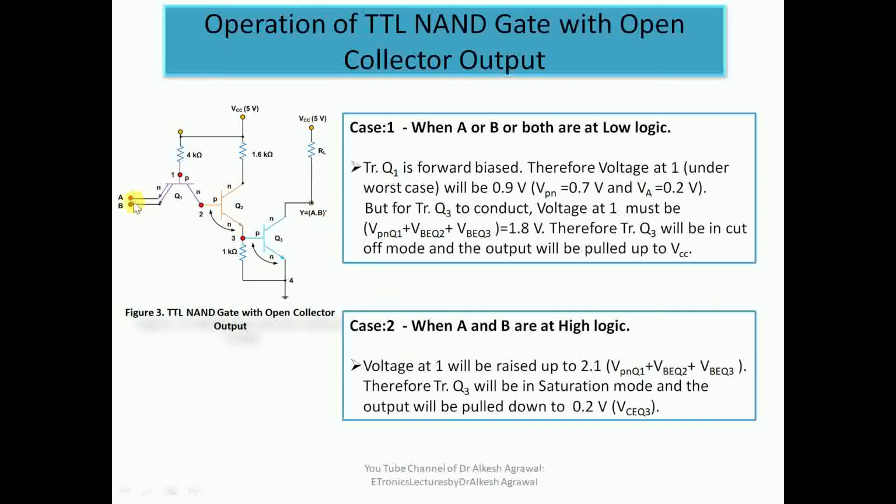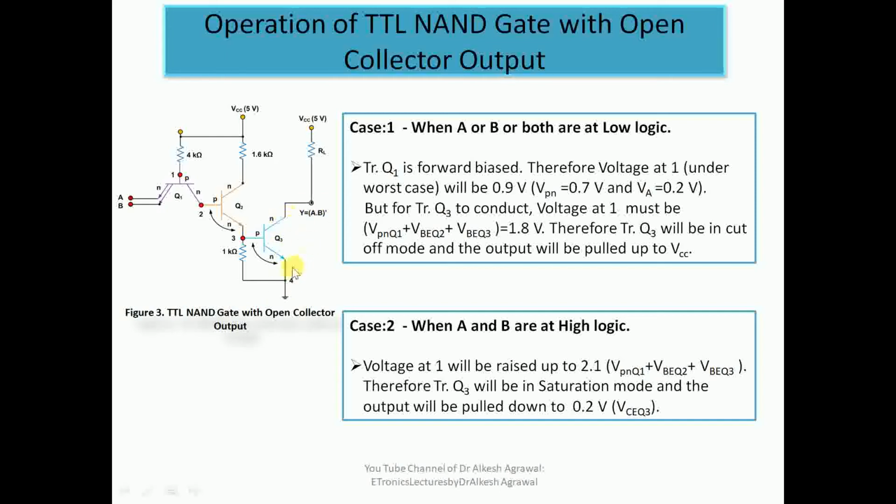Case 2, when both inputs are at high logic. When both inputs are at high logic, there is no current path for the current to flow. So the potential at this point will be raised up. How much? It will be raised up to overcome the potential VBE Q1, VBE Q2, and VBE Q3. Under that case, Q2 and Q3 will be driven. So they will be operative, go into saturation, and the output will be pulled down to ground.